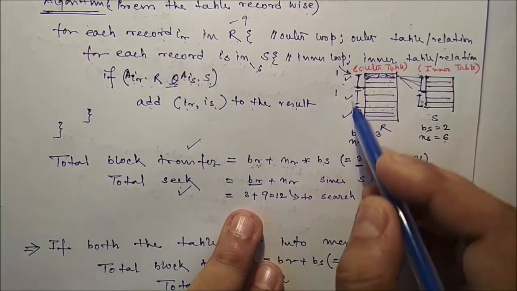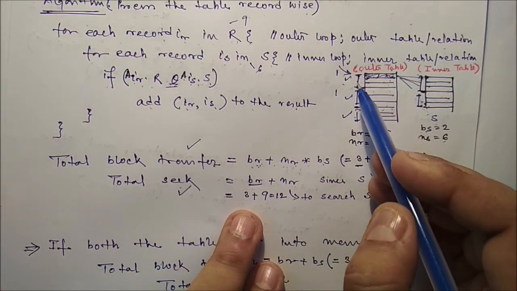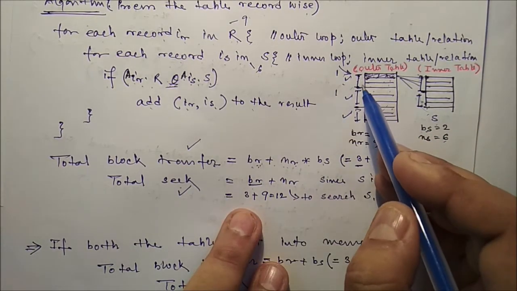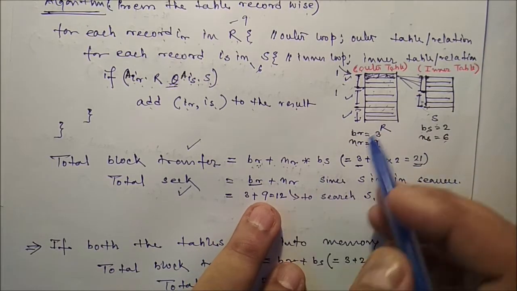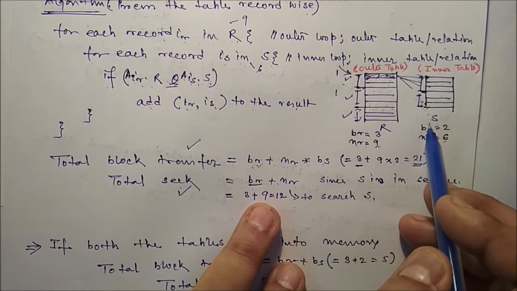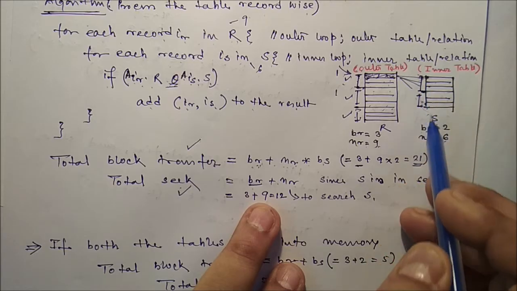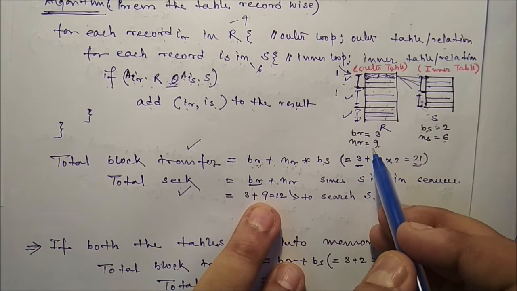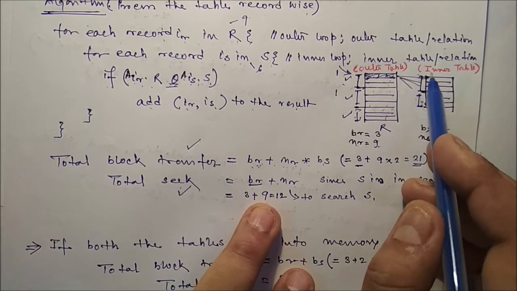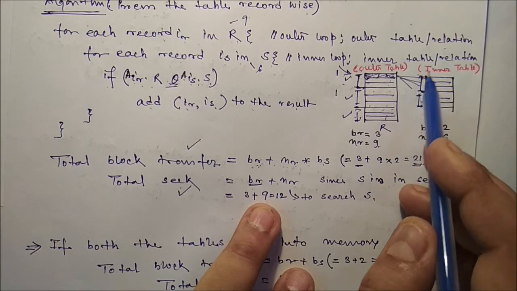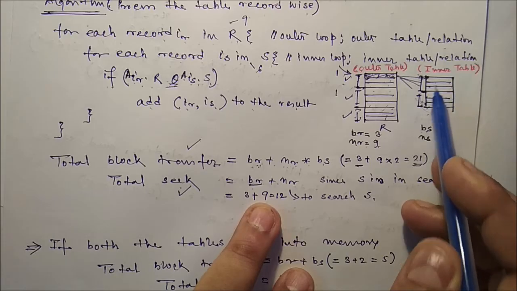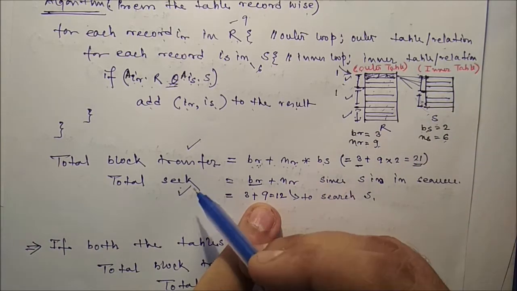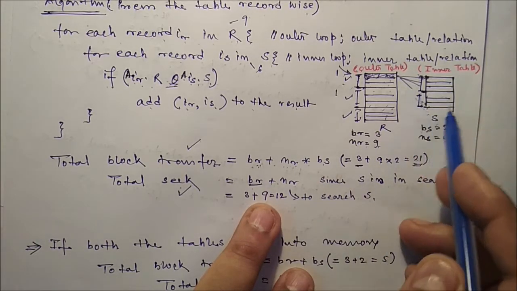So total seek time for this particular table is what? It is BR, because BR number of blocks are there, so we need seek time for each and every block. Plus for each and every record we need to identify where this particular file is present. So for each and every record of R, that is NR. So we need NR times seek time to identify where this particular table is.